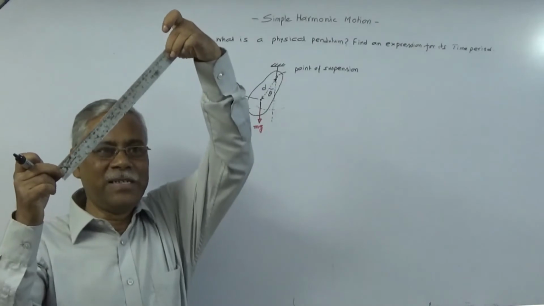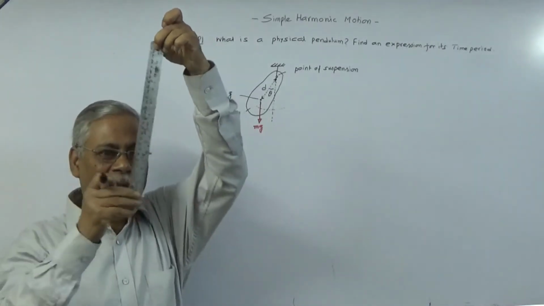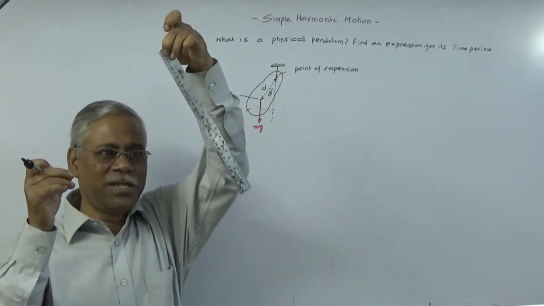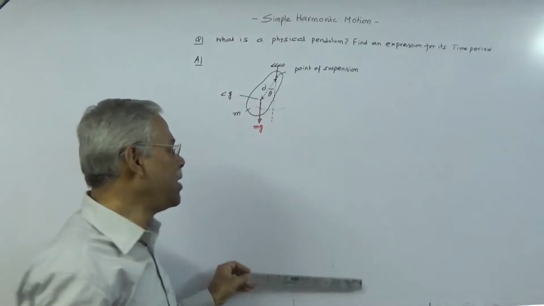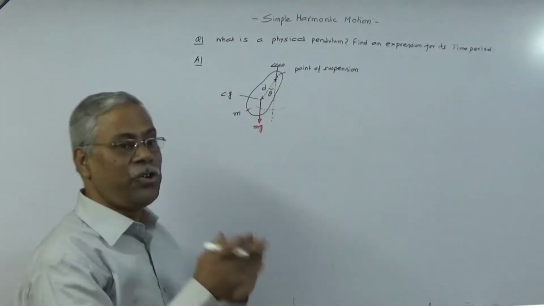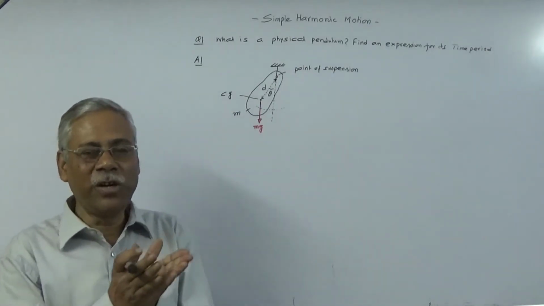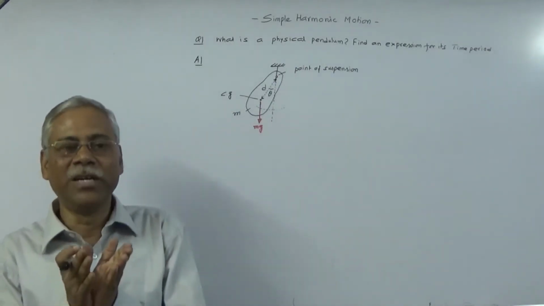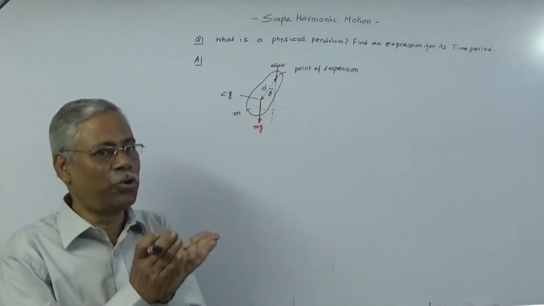Because of inertia the body crosses, and as it crosses, again that torque brings it back. So this torque is restoring torque. Restoring torque is analogous to restoring force: restoring force in linear or translational motion, restoring torque in angular or rotational motion.